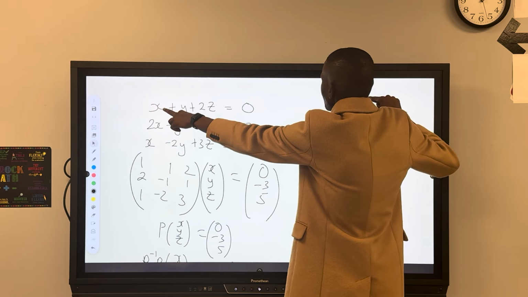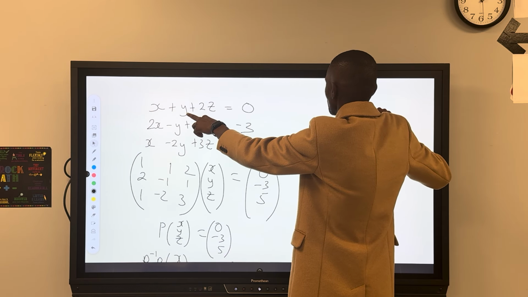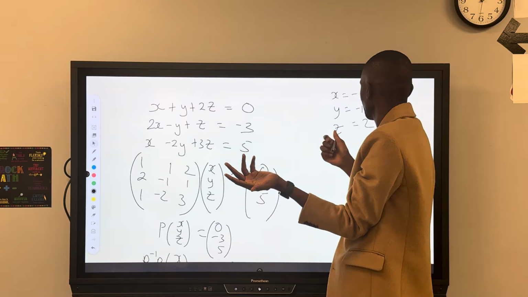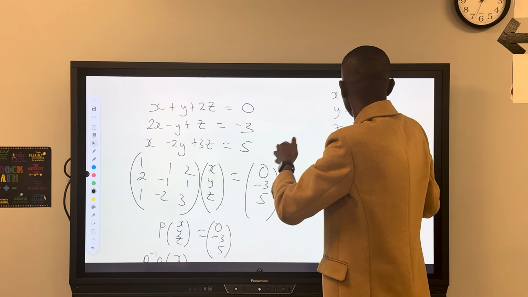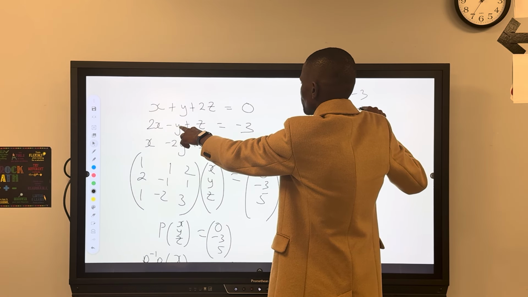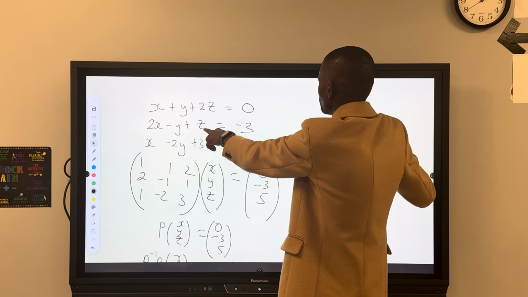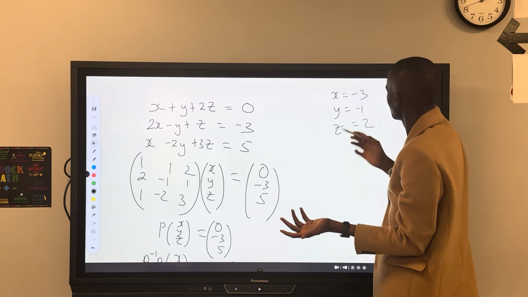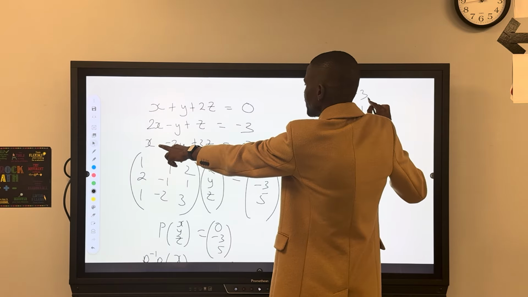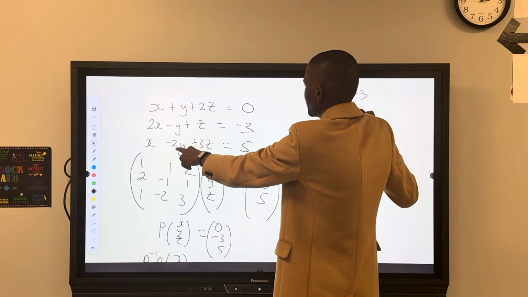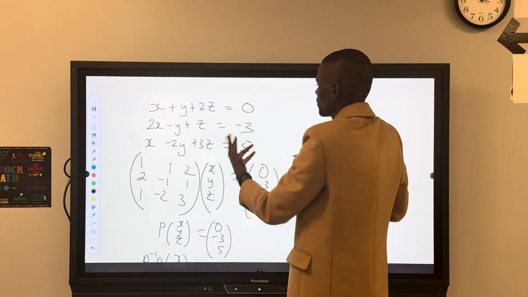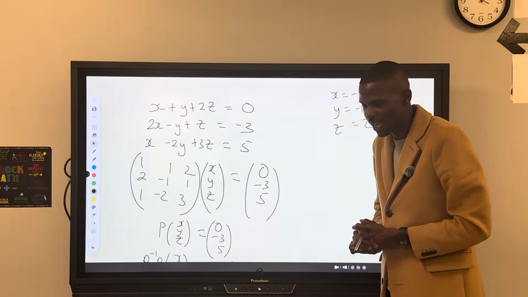Here, -3 minus 1 is -4, plus 4 is 0. So it's correct. It satisfies that. Then here, -6 plus 1 is -5, plus 2 is -3. It's correct. Then here, -3 plus 2 is -1, and -1 plus 6 is +5. So our values are correct.